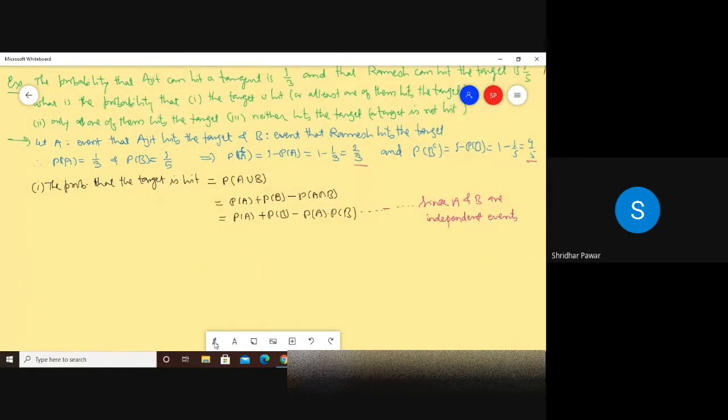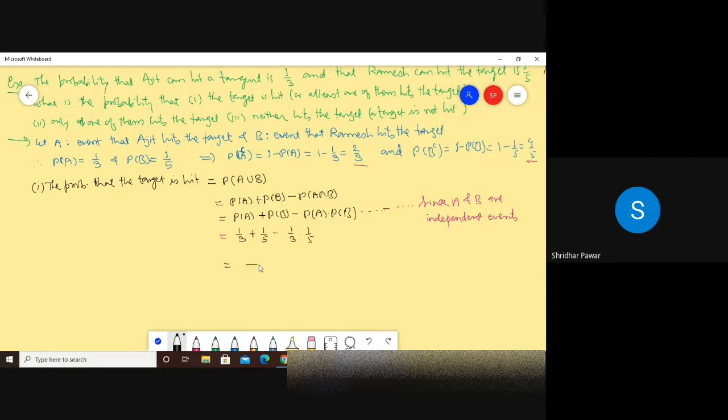So this is equal to, what is P of A? P of A is 1 by 3 plus 1 by 5 minus 1 by 3 into 1 by 5.